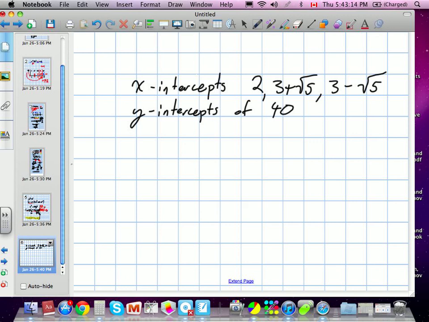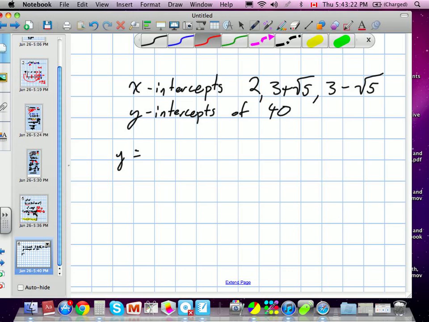First of all, let's set up our factor form of this. We're going to have y is equal to, there could be an a term. We really don't know, not yet at least. Well, let's set up our factor form. The x-intercepts: the first one's at 2, so that's going to be x minus 2, right?